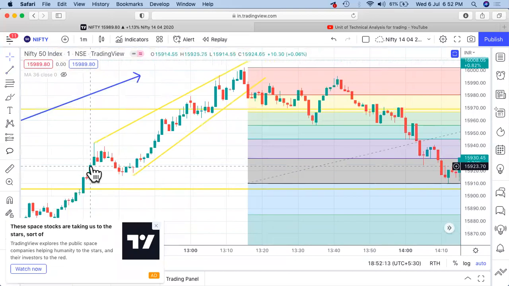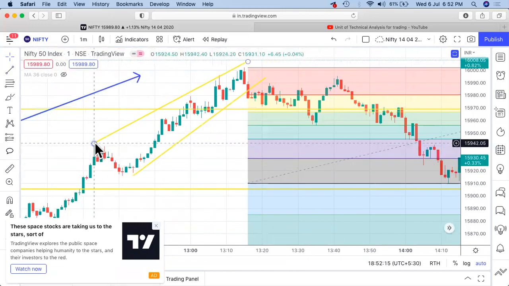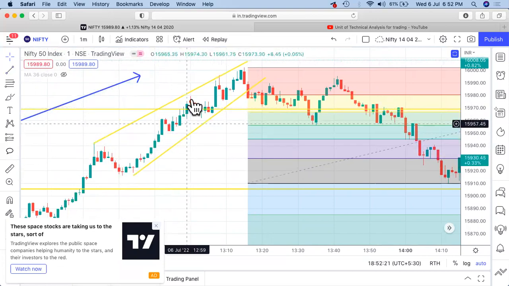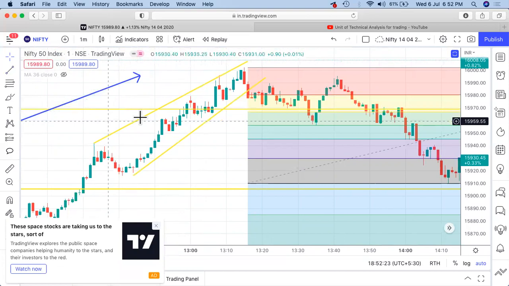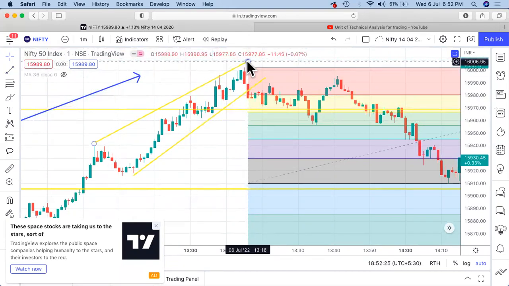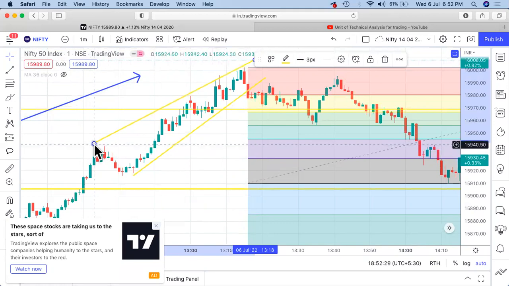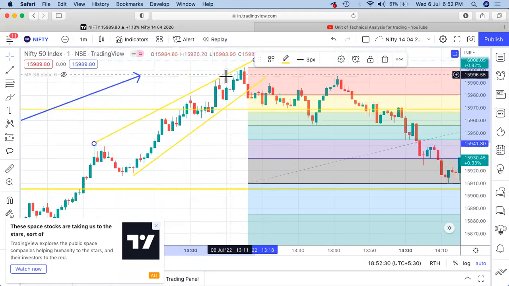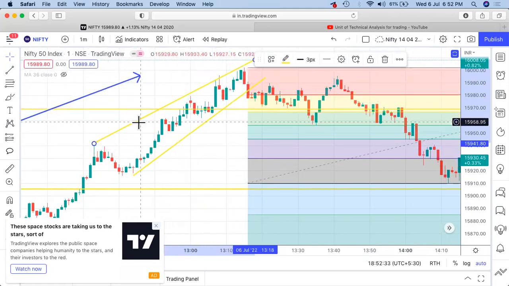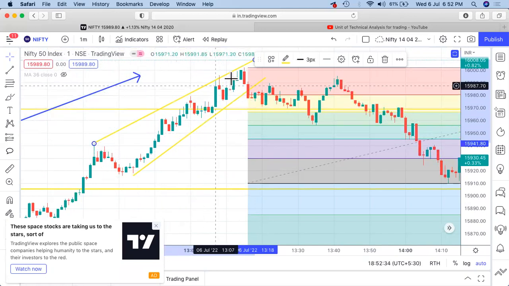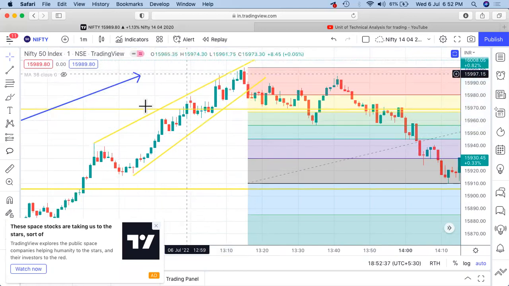Generally the price forms a higher high, higher low, again a higher high, higher low, higher high, higher low, right? But basically you find more of a wedge pattern, where you know that the price is not moving beyond a specific line, right? So this is an inclined line that we see.